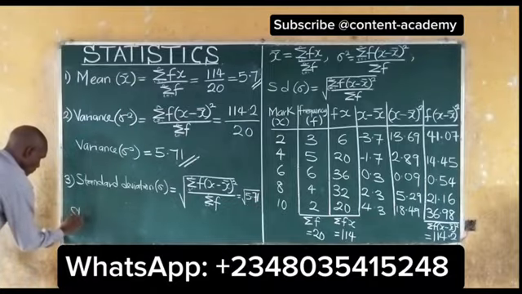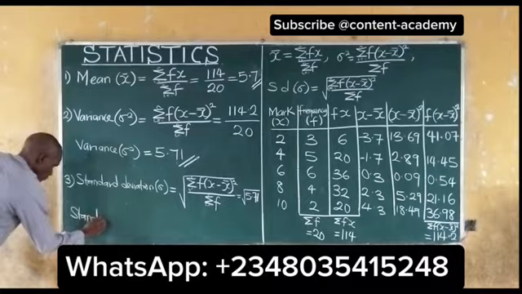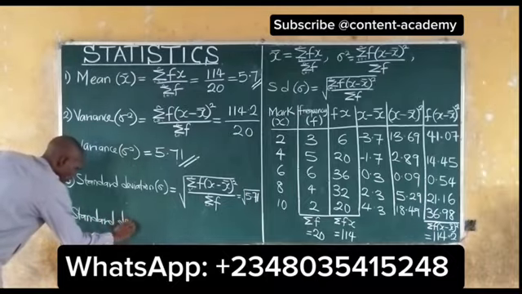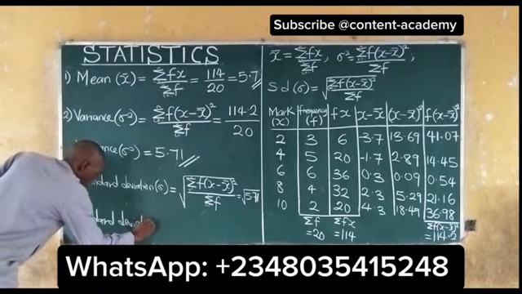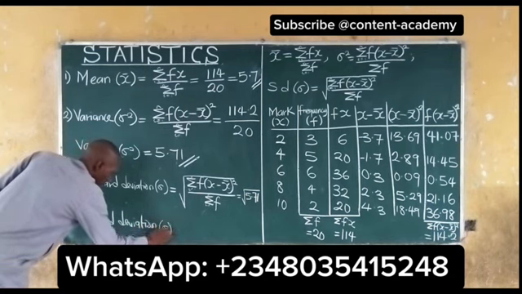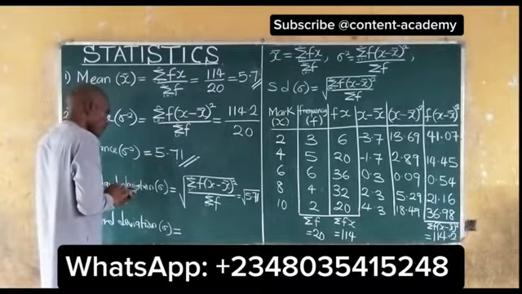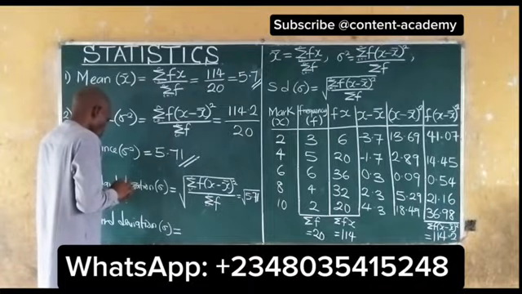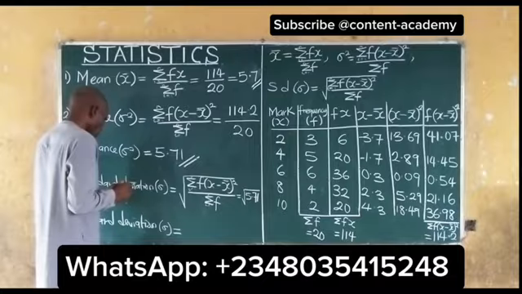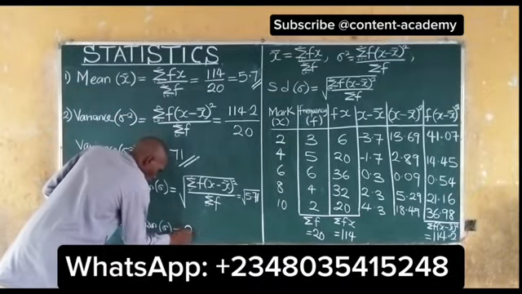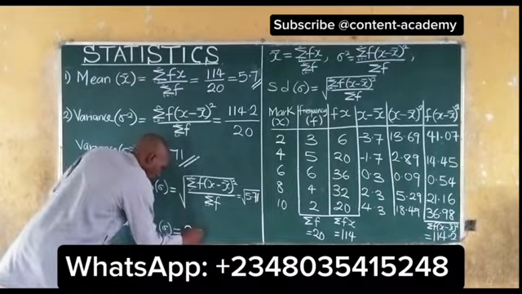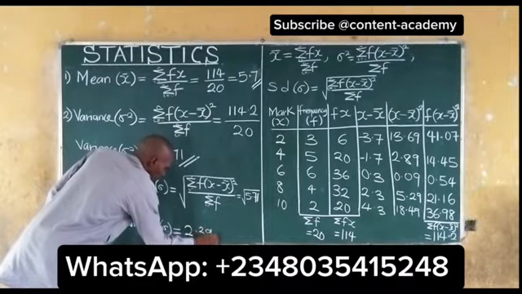So our standard deviation becomes the square root of 5.71, which is equal to 2.39.